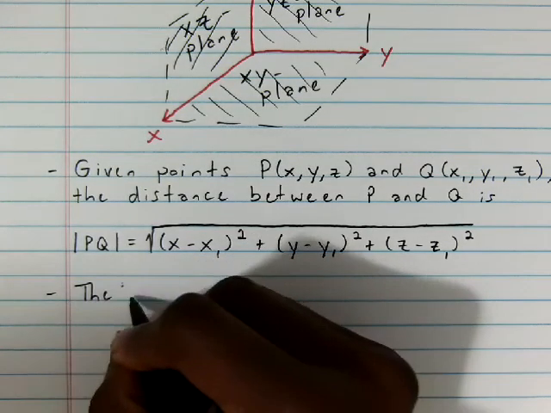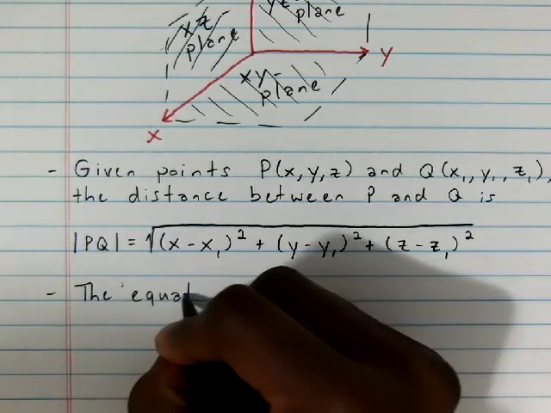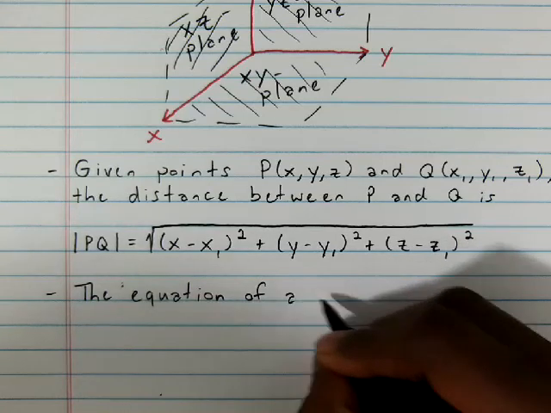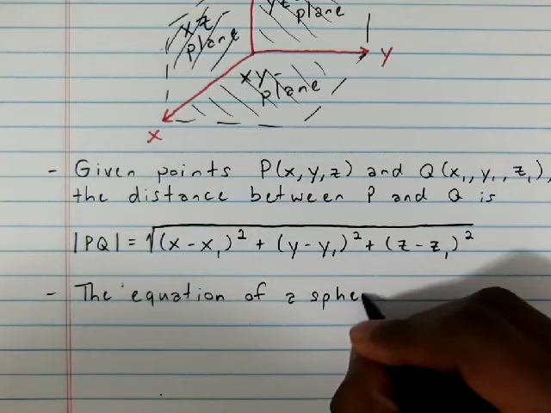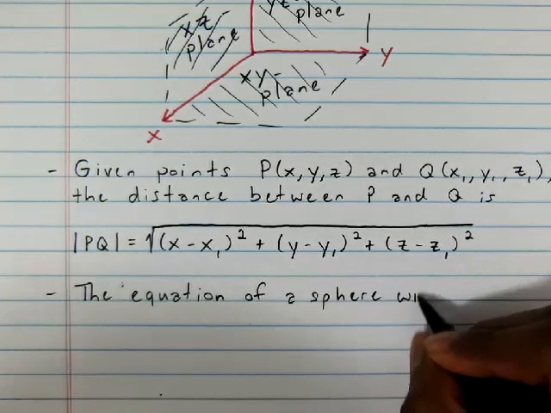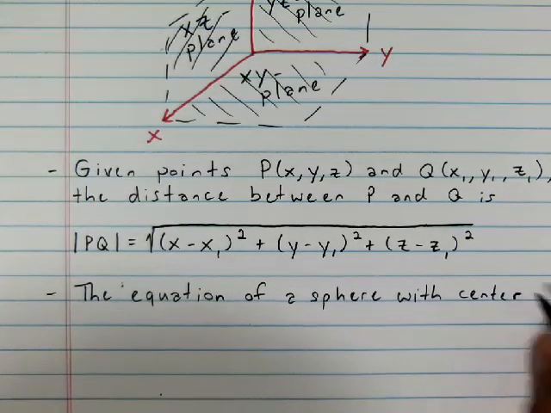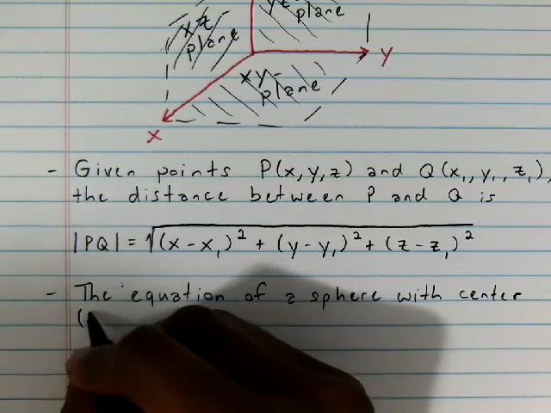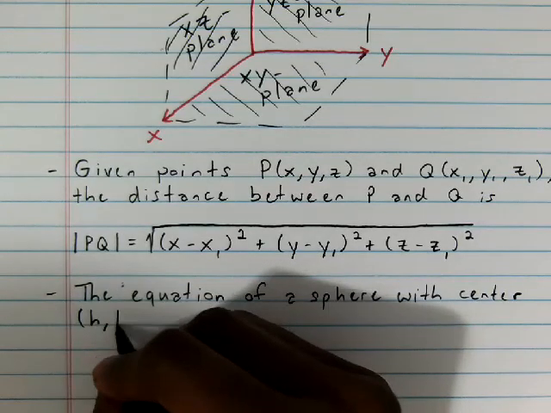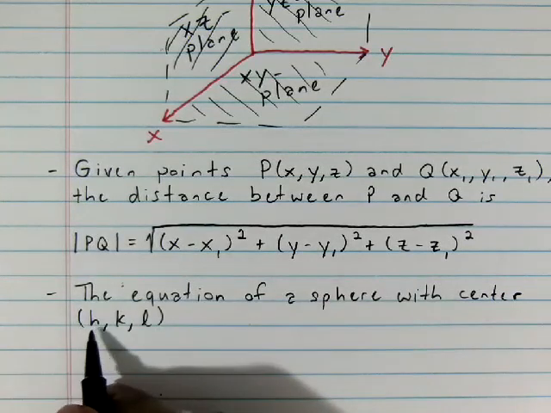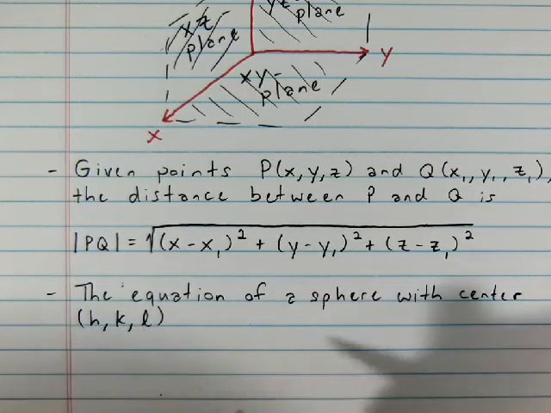So the equation of a sphere with center h, comma k, comma l. So these are the coordinates of the center, the x coordinate, the y coordinate, and the z coordinate of the center.